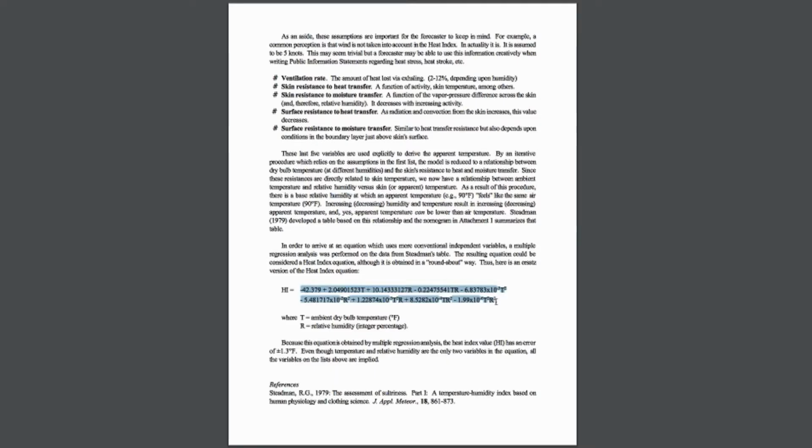The heat index can be approximated by this equation here. It gets a little bit inaccurate at about 90 degrees and above, but until then is pretty good. There is a link of this typed into a calculator in the description if you want to mess around with it.